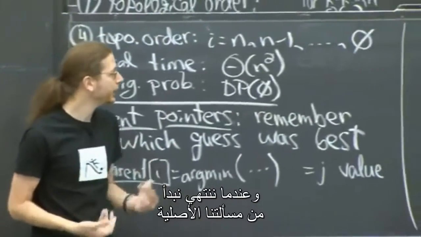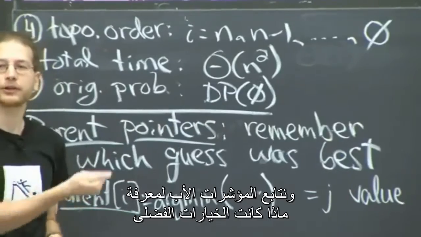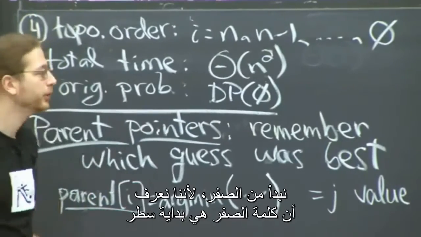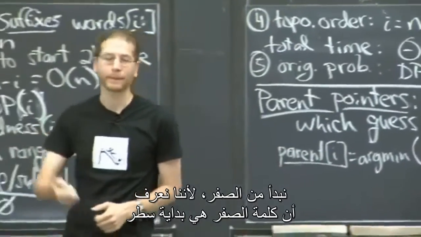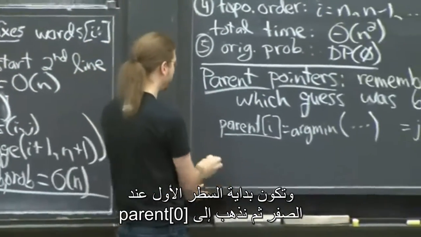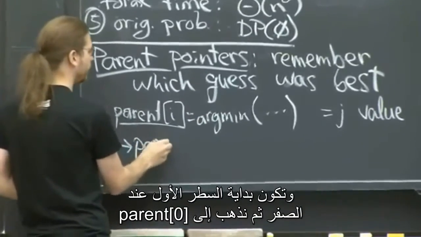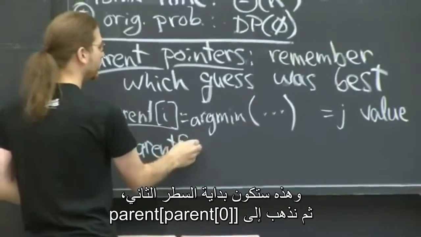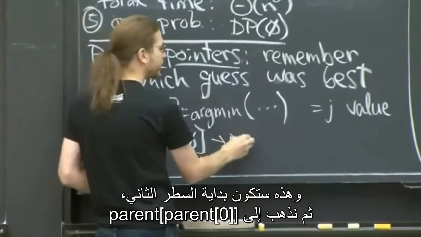And then once we're done, we start with our original problem, and we follow parent pointers to figure out what the best choices were. So we start at 0 because we know word 0 begins a line. And then, so 0 will be the first line. Then we go to parent of 0. That will be where the second line begins. Then we go to parent of that.